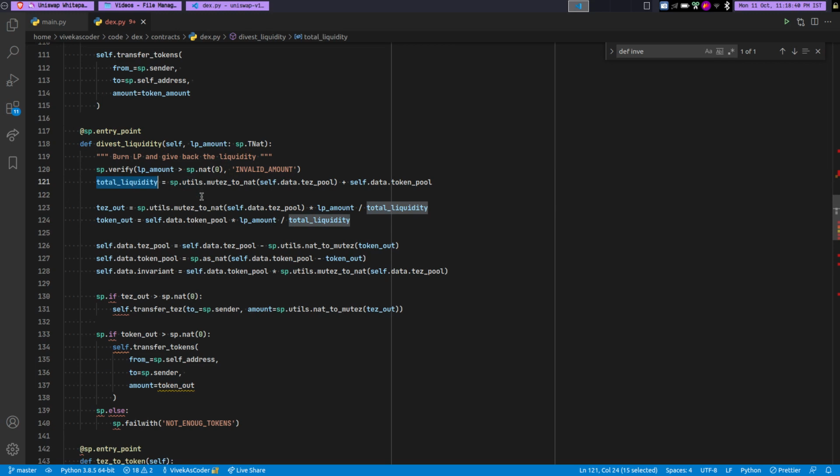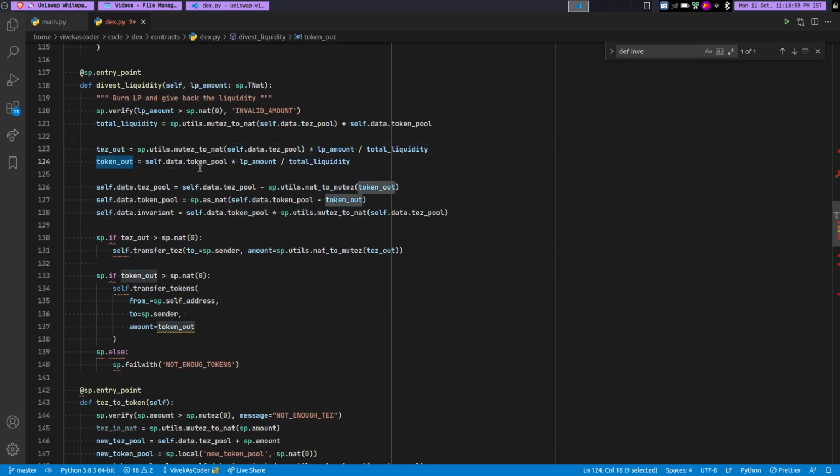So first of all, we are just calculating the total liquidity, which is just the sum of the test pool and token pool, and then we are calculating the TES out, which is actually going to be the amount of XTZ that the user or the liquidity provider will receive, corresponding to the amount of LP token that he wants to burn. So this is how we are calculating it. Then we have token amount, which is basically the amount of token that the user will receive.